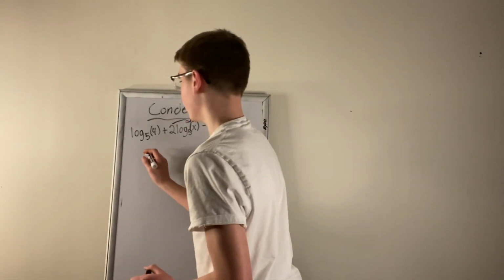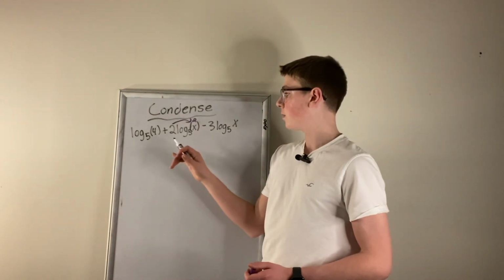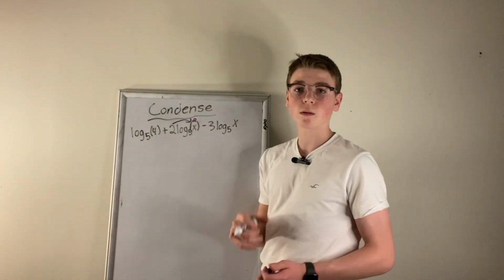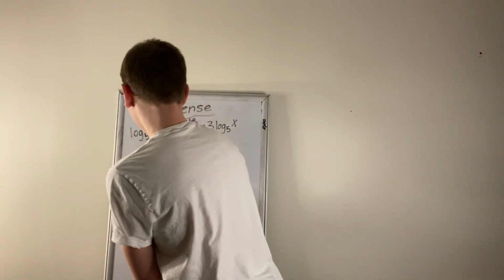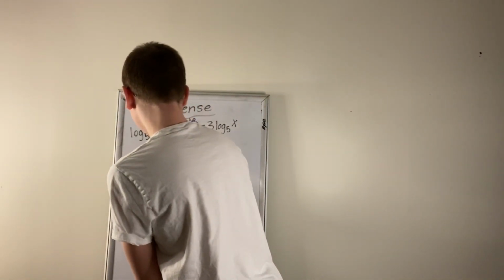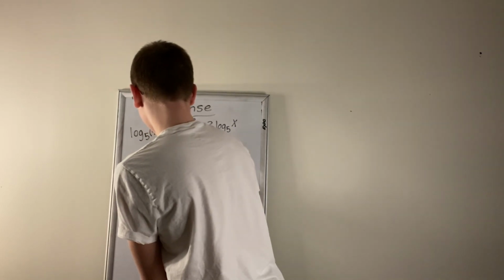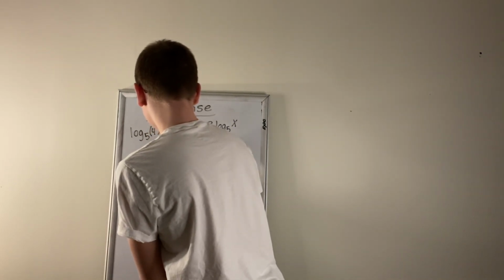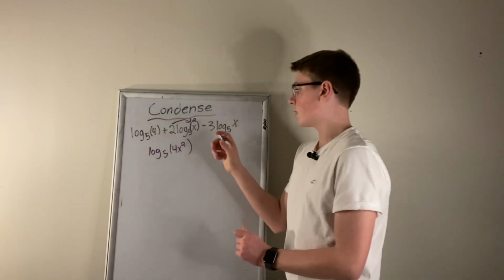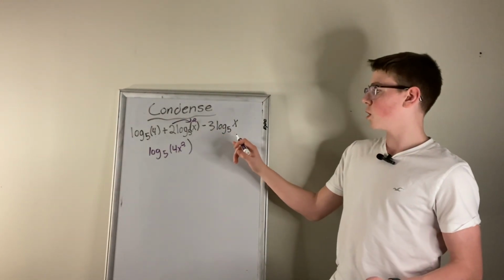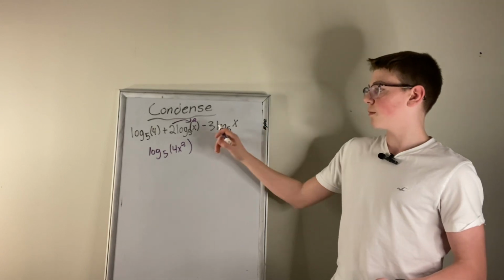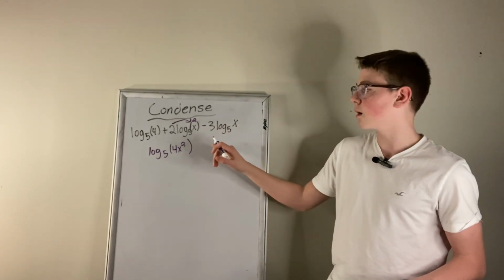So this will be log base 5 of 4 times x squared. What's 4 times x squared? It's just 4x squared. So log base 5 of 4x squared. Then minus, what's in our denominator? Minus 3 log base 5 of x. Well, this 3, we're not going to leave that there.